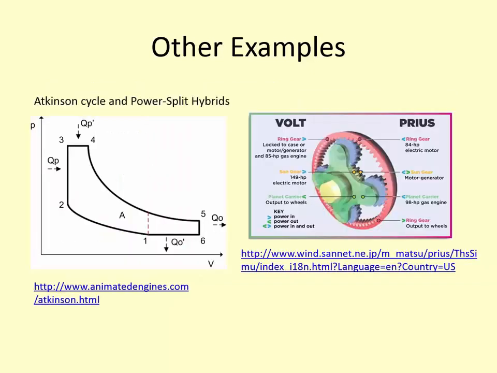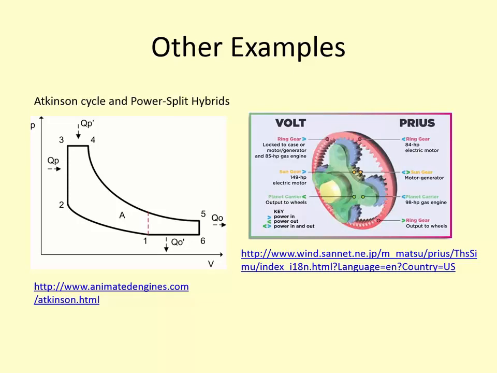One of those directions is with hybrid or electric vehicles. For example, the Chevy Volt, which is all electric, and the Prius both use this planetary gear system where you can change whether you have a power input or a power output depending on if you're charging or not. With a Prius, there's a gas engine and an electric motor.